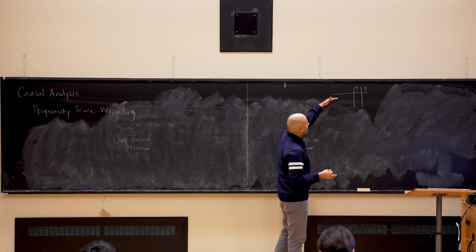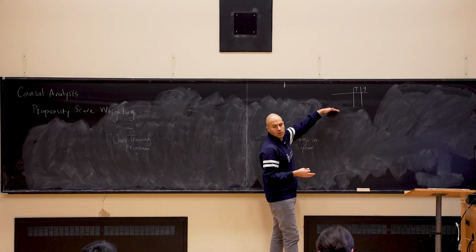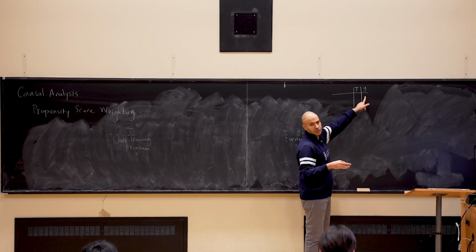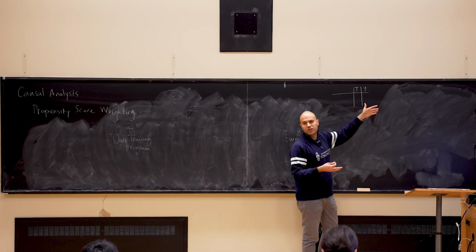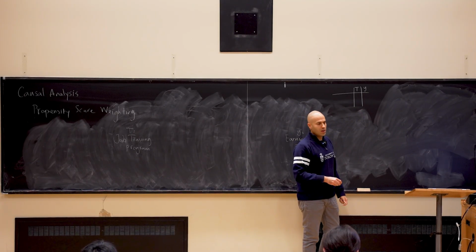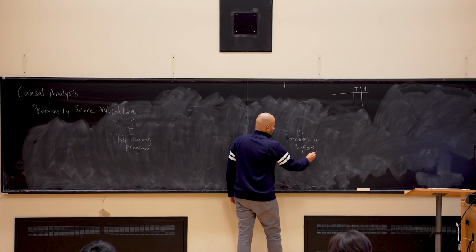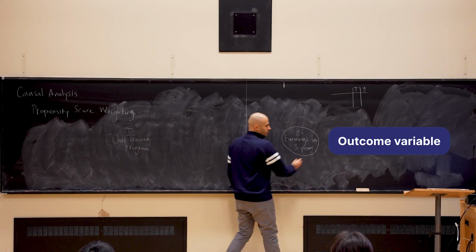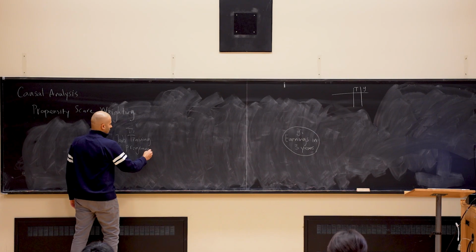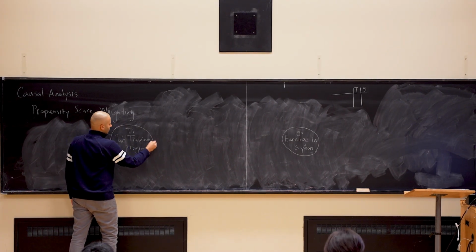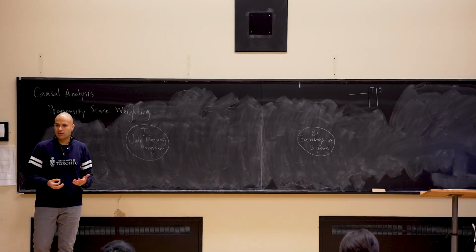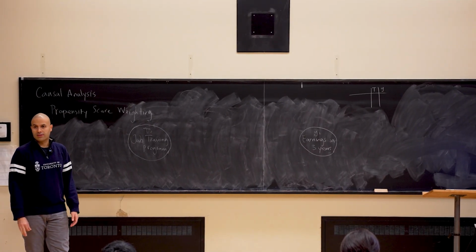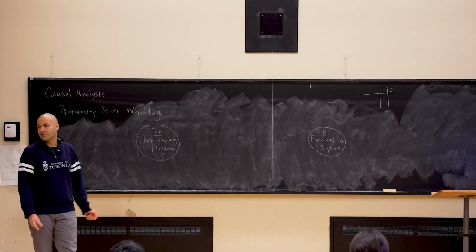So we have 10,000 rows in this table. For each person, we have the salary in 3 years after the time of that job training program, and we know who participated, who did not participate. So this is the outcome variable. This is the treatment variable, and we represent them by circles in a diagram called a causal diagram. So that's step 0 of this process.